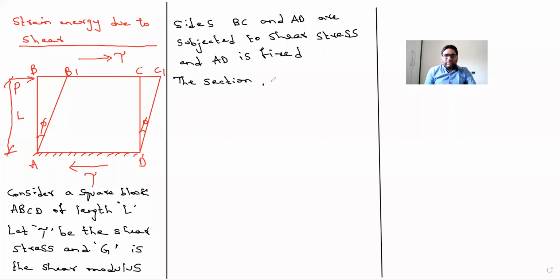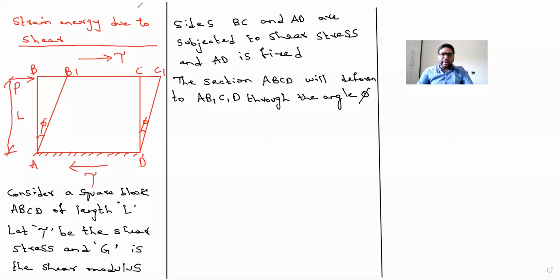So the section ABCD will deform to A, B1, C1, D. So ABCD is deformed to A, B1, C1, D through the angle phi.